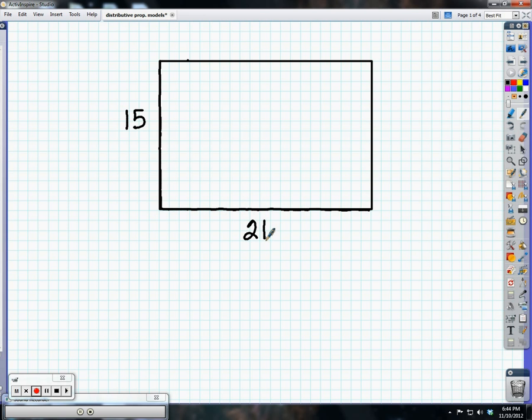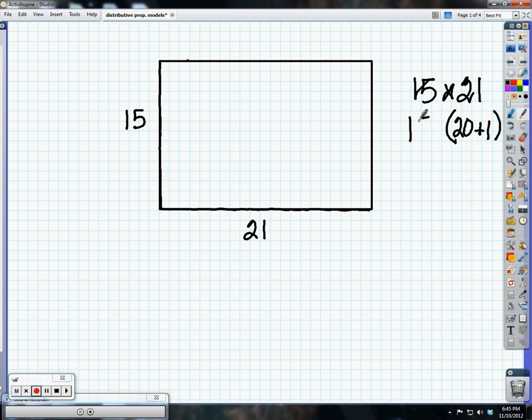If I were to find the area, I would multiply 15 by 21. However, I'm going to break down the 21 into a more manageable addition problem, and I want one of my numbers to end with 0. So 21 would be 20 plus 1.